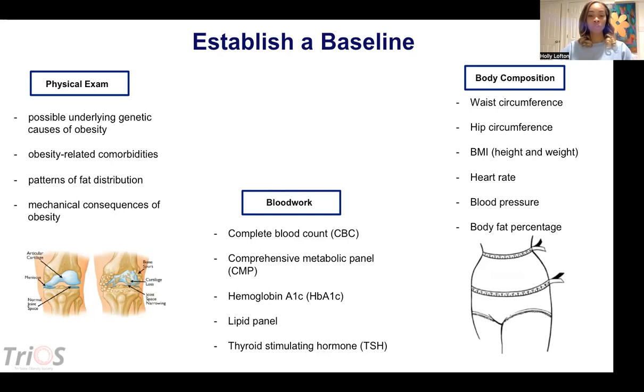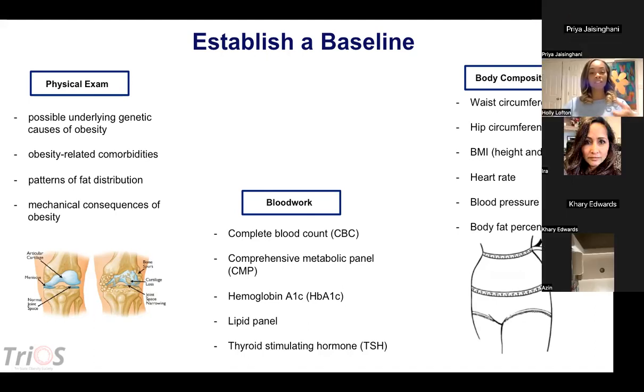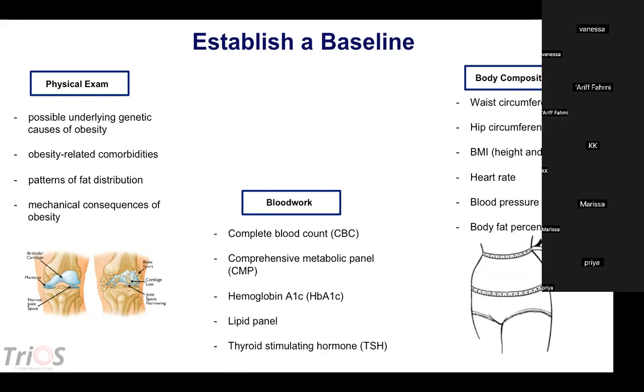Of course, we want to do a relevant physical exam: cardiac exam, pulmonary, neck exam. You'll see it's important for some of the medications. Looking at distributions of fat to determine if there are any fat cell disorders such as lipedema or lymphedema.